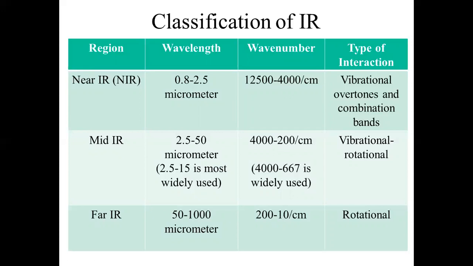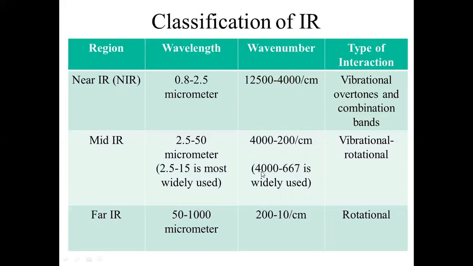The wavelength corresponding to NIR is 0.8 to 2.5 micrometer, while in mid IR the wavelength increases from 2.5 to 50 micrometer, wherein we use 2.5 to 15 micrometer widely.